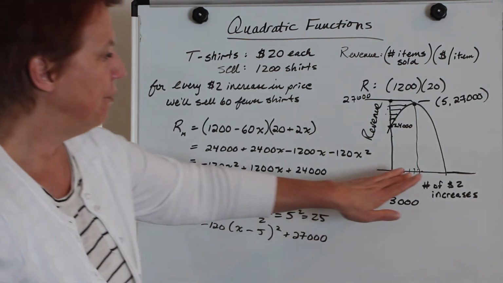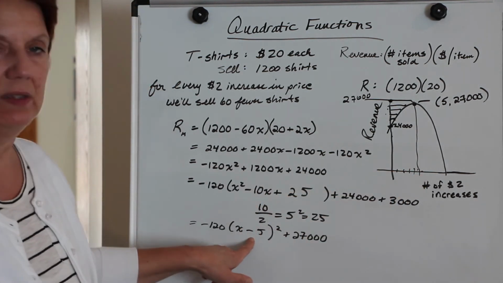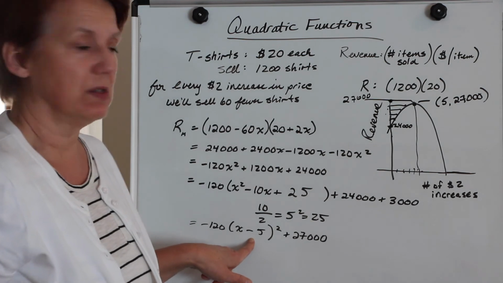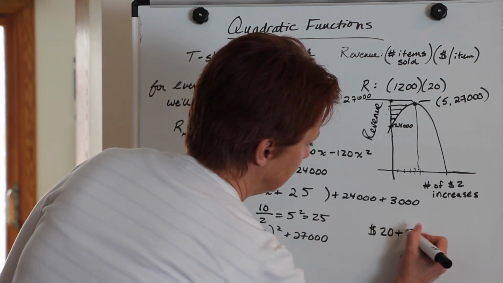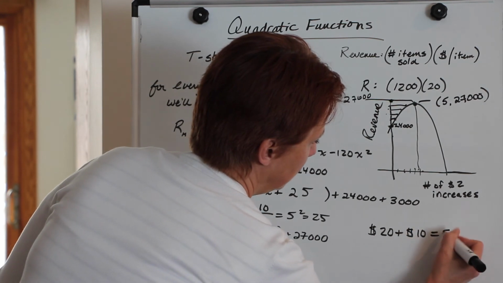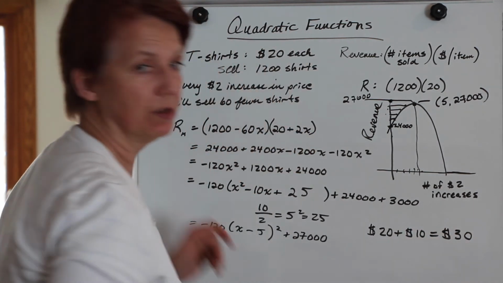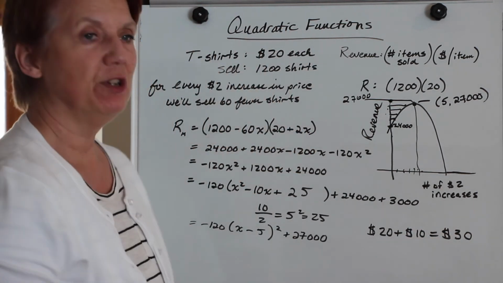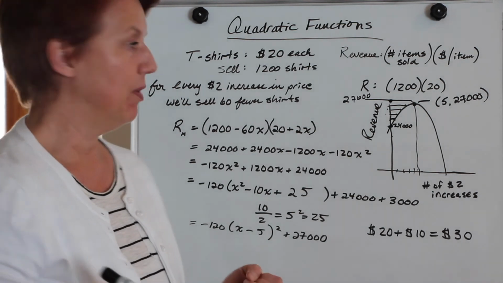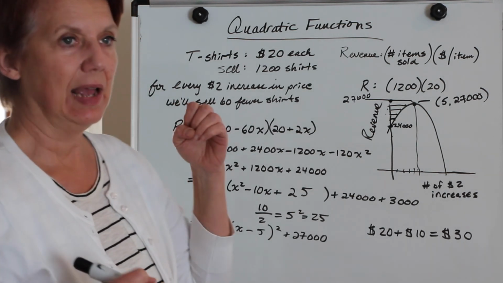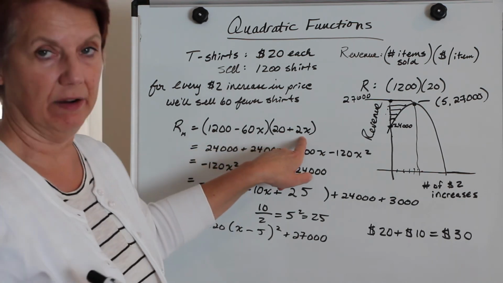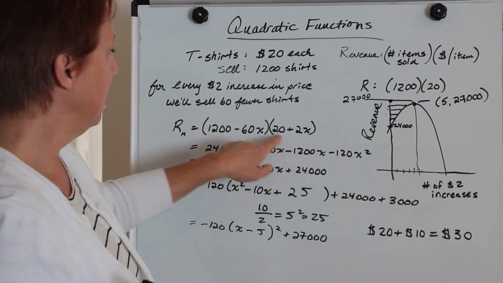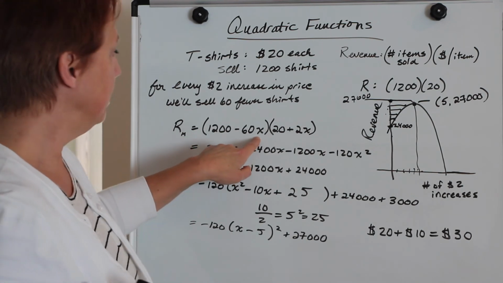So if there are 5 $2 increases, what's the price of the shirts? If the shirt used to cost $20, we're going to add $10, and we're going to be selling the shirt for $30. Now, how many shirts are sold at that price? Well, if x is 5 in here, this represents price, then x is going to be 5 in here as well.